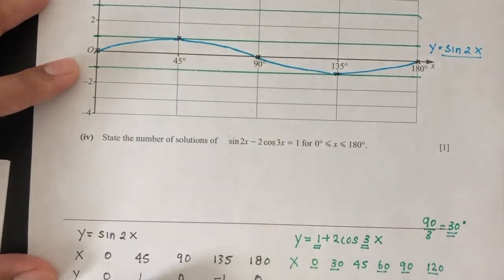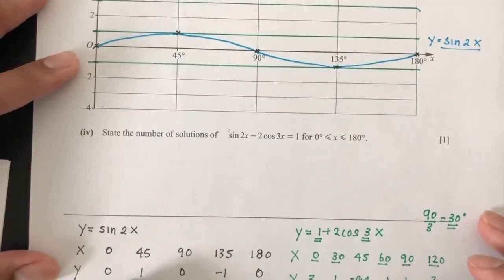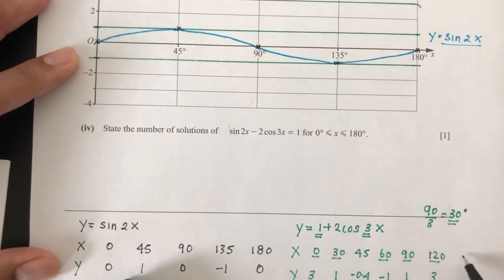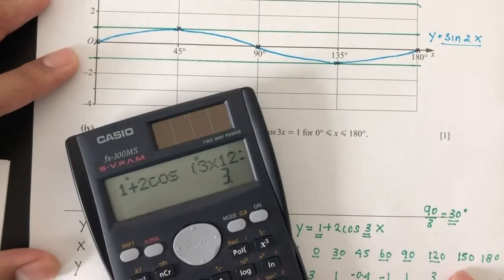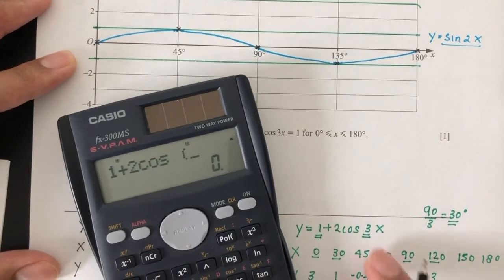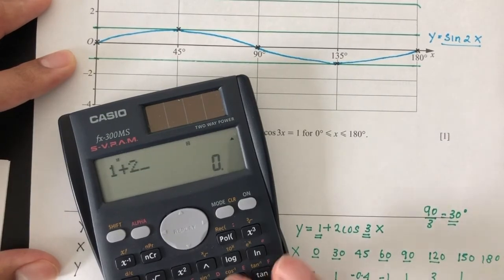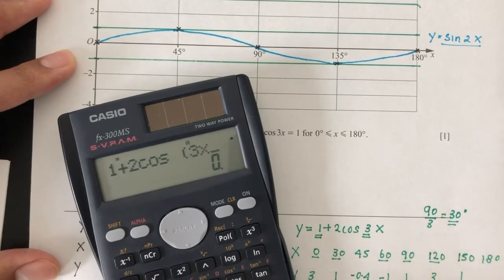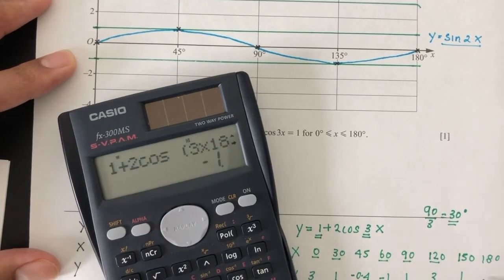Okay, so we can continue. So 120, what is the next interval? That will be 1 plus 30, that will be 150, and then 180. So 150 will be 1 plus 2 cos of 3 times 150, that should be 1. And then 180, 1 plus 2 cos of 3 times 180, that should be minus 1.